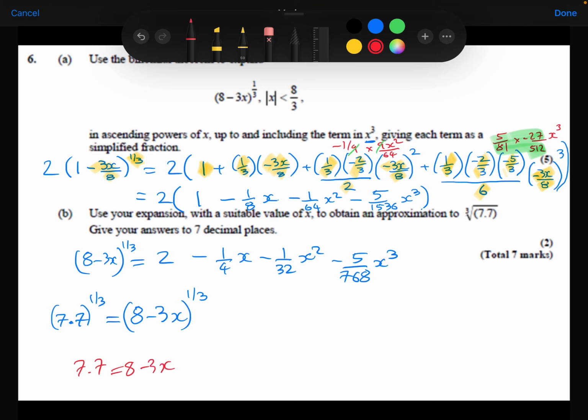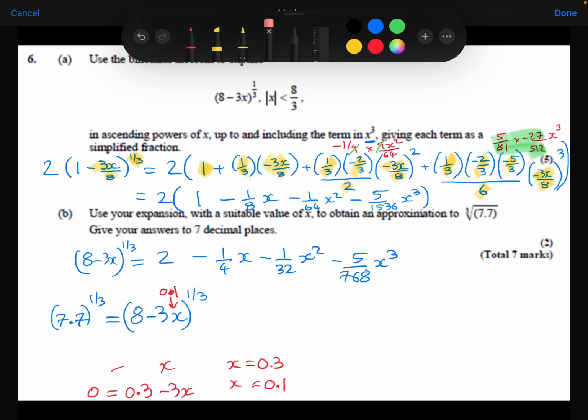If we take the 7.7 away from both sides, we'll get 0 equals 8 take away 7.7, which is 0.3. Add the 3x to both sides and divide by 3. So if x is 0.1, then this is 7.7.